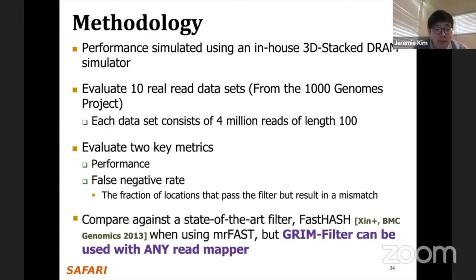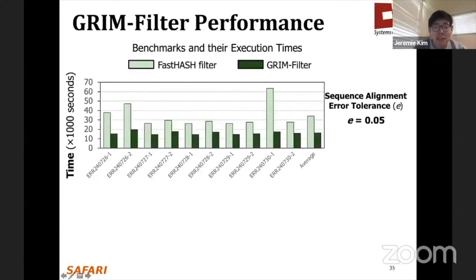We compare this against the state-of-the-art filter FastHash, which was the state of the art at the time, when using Mr. Fast. But GRIMFilter can be used with any read mapper. Here we have the plot of performance, where the y-axis shows the time in units of 1,000 seconds, and on the x-axis, we show the different data sets.